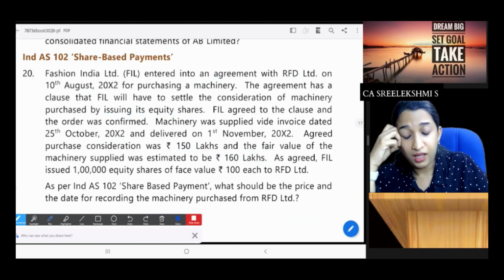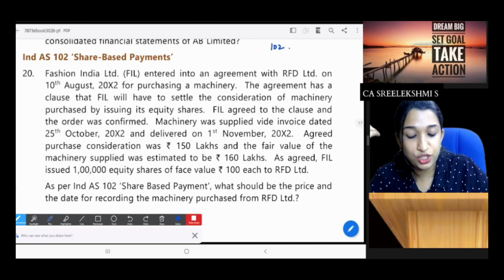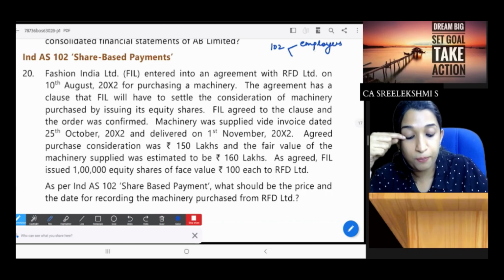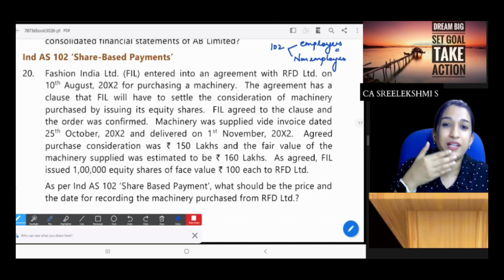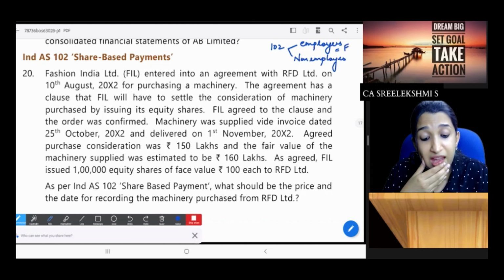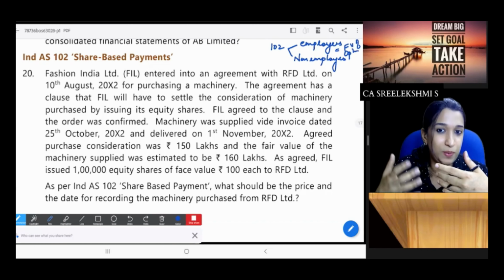See, as per Ind AS 102, shares are issued to employees or non-employees. If shares are issued to employees, expense is measured at the fair value of options issued. Fair value of options issued is our expense.